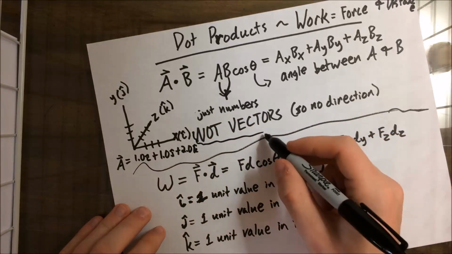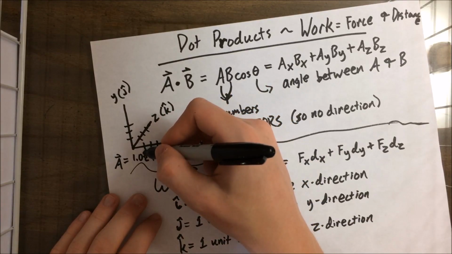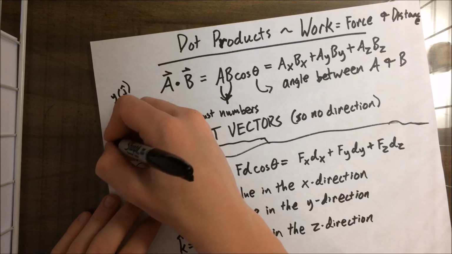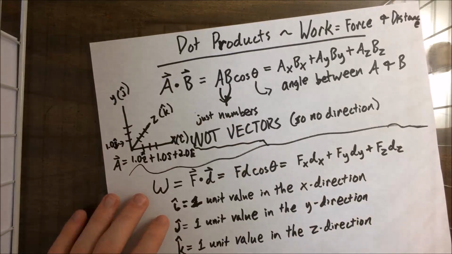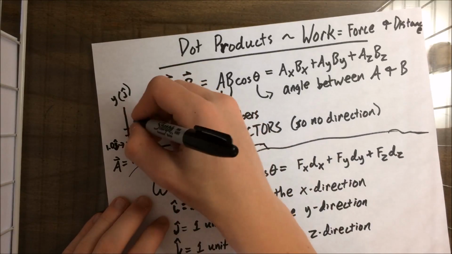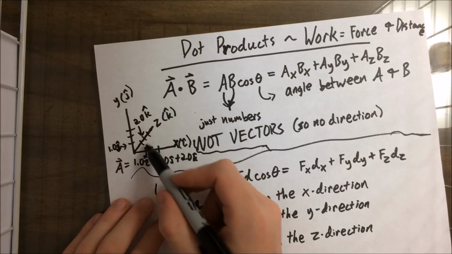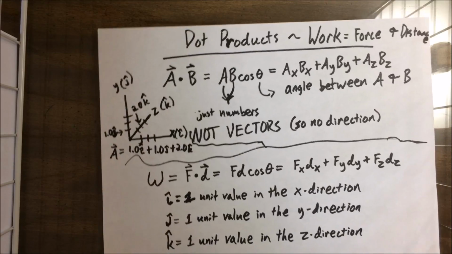So then we'd have 1 in the x direction, 1.0 j hat in the y direction, and 2.0 k hat in the z direction. So then you take those and you put it in the vector. That's how far it would go in each direction.